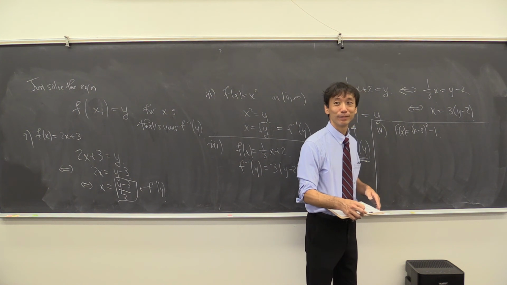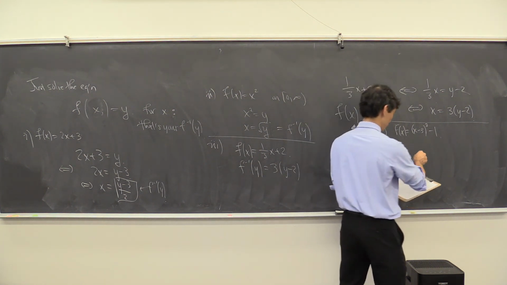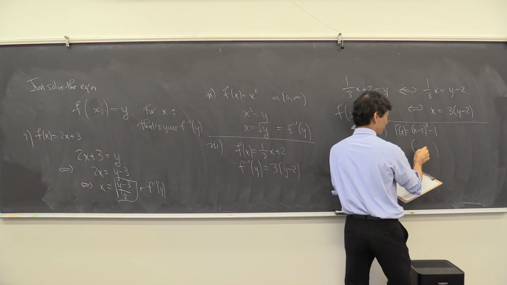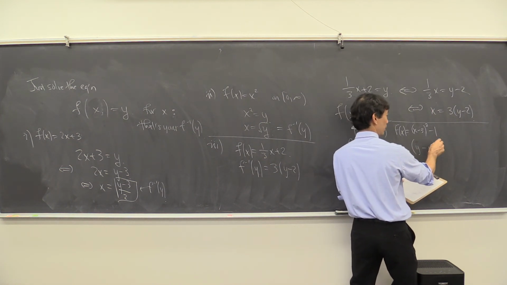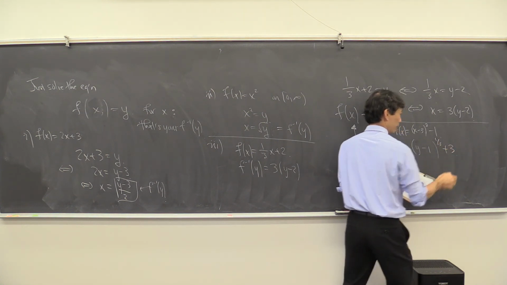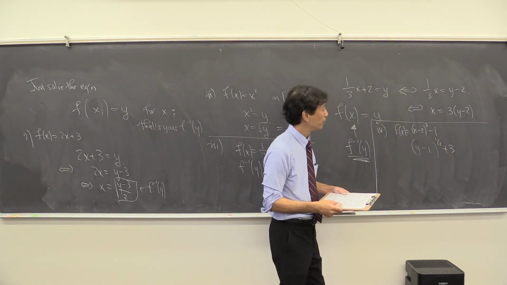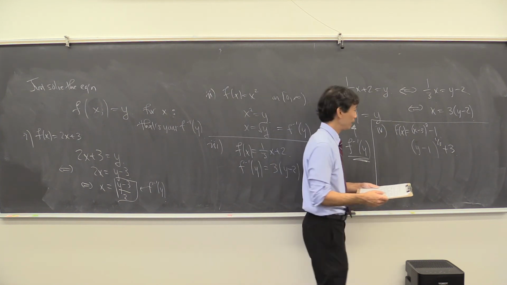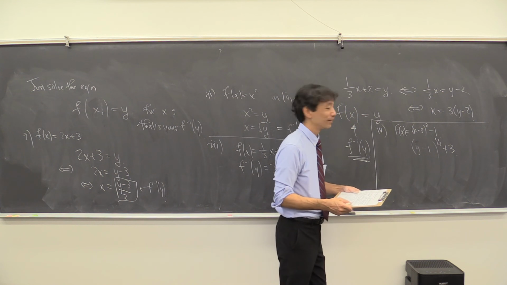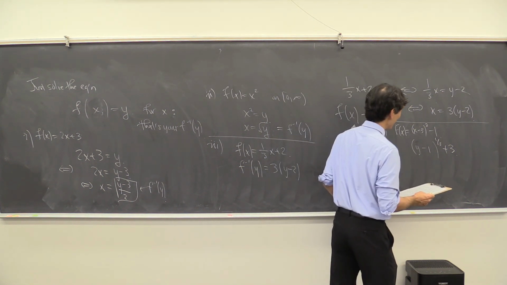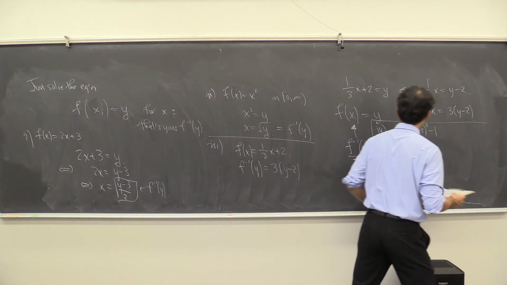Yes, Zoe. The cube root of y minus 1, plus 3. The cube root of what? y minus 1, plus 3. Or plus 1? Oh wait, no. Plus 3. Okay. Let me work it out.